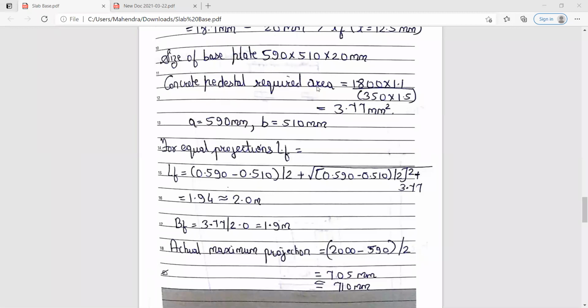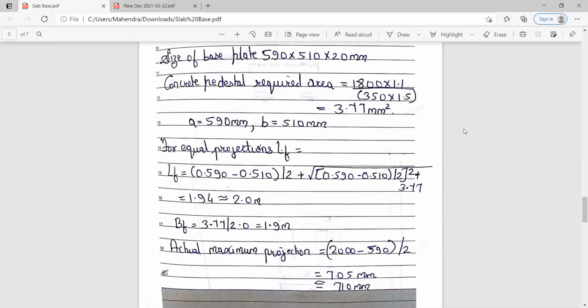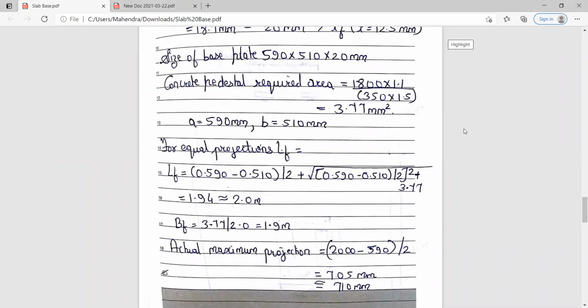If you do not rename yourself, I will remove you from the meeting. Rename yourself. I think you are Sohel. Sohel, rename yourself, first of all.